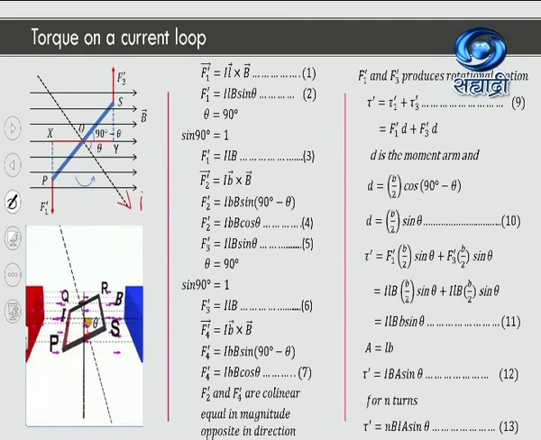If this area vector makes an angle theta with the magnetic field, then the plane of the loop will make an angle 90 minus theta with the magnetic field. In this situation, what will be the corresponding torque? Let us derive the expression for this.